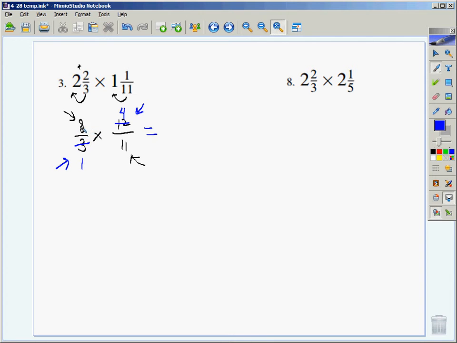And now I multiply straight across. 8 times 4 is 32. 1 times 11 is 11. And we are going to leave it as an improper fraction. Everybody good with problem 3?